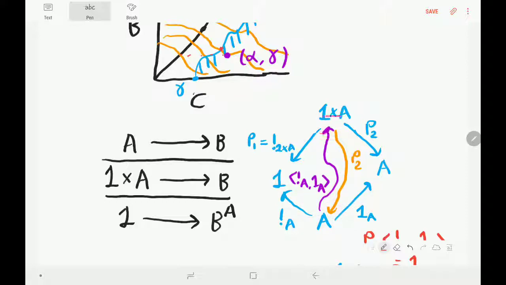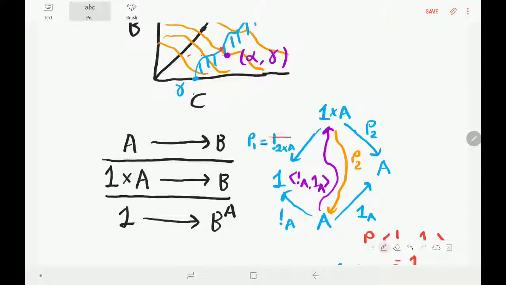But let's be a bit more direct about this. Let's actually cook up the isomorphisms between 1 times a and a. They're isomorphic because they're both products of 1 and a. So let's suppose we have this product here, 1 times a, with projections p1 and p2.